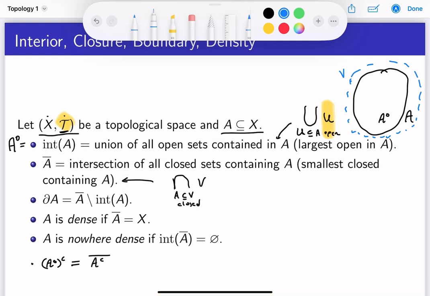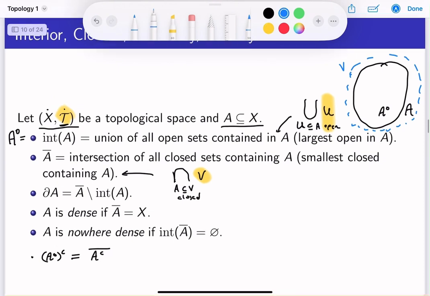Okay, and if we intersect all of these closed sets, we're going to end up with the closure of A. And it's important to notice here that the sets V, what are these? These are complements of elements in T. In other words, a set is closed if and only if its complement is open, as usual.